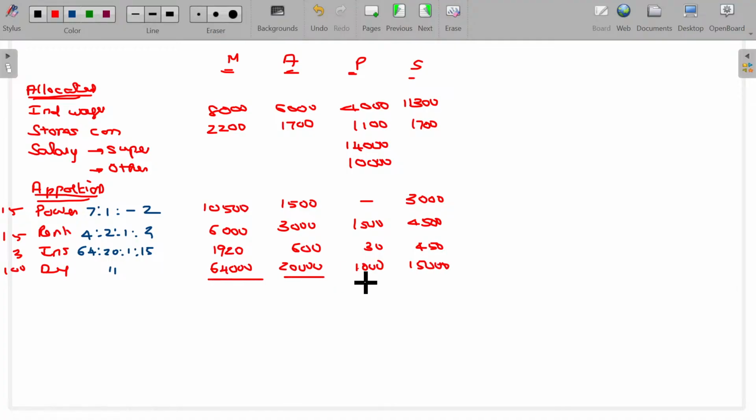Now get the total value here. Expenses as per the primary distribution being 92,620, 32,800, 31,630, 35,950.